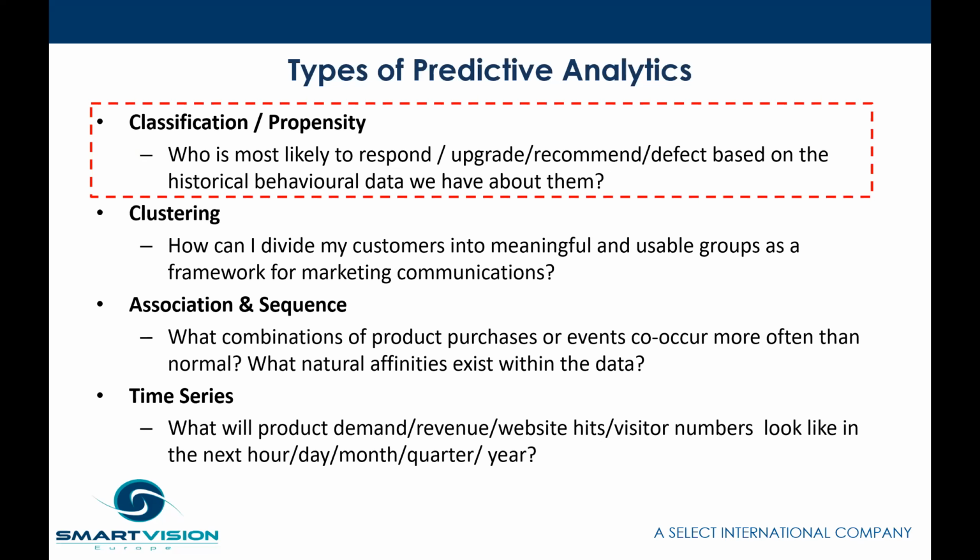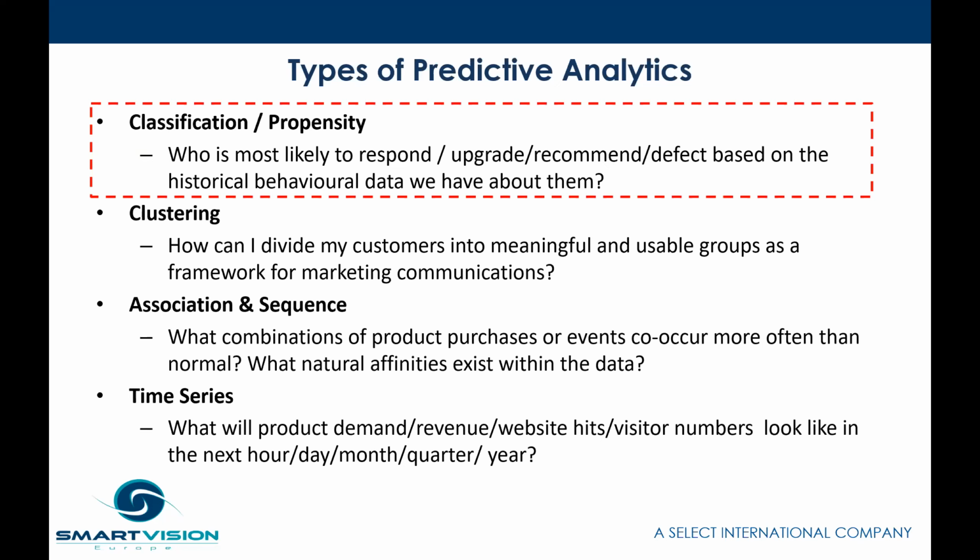Other types of analyses include things like clustering, how you divide customers, tenants, patients, citizens into meaningful and usable groups, as described by many factors in the data. Association and sequence, what normal combinations of product purchases or events tend to co-occur. When A happens, B tends to happen, or when A and B happen, C tends to happen, that type of thing.